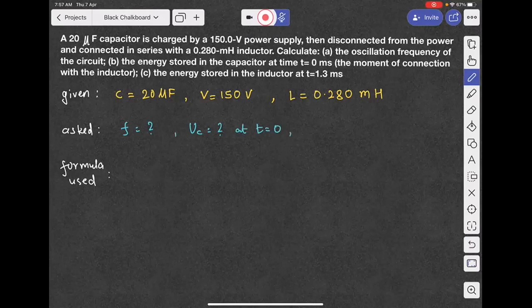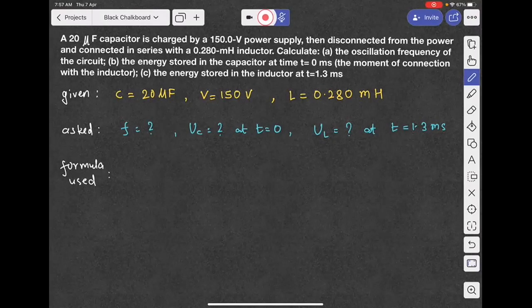And then C part is energy stored in the inductor at 1.3 milliseconds. So energy of the inductor at t equal to 1.3 milliseconds.